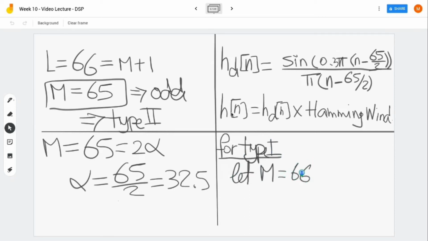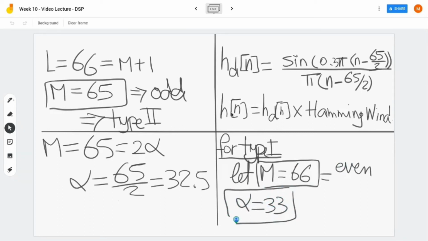We increase M by 1, which will make it an even integer, which will make alpha an integer, 33, and in this case we will get our filter, which is a type 1 filter.